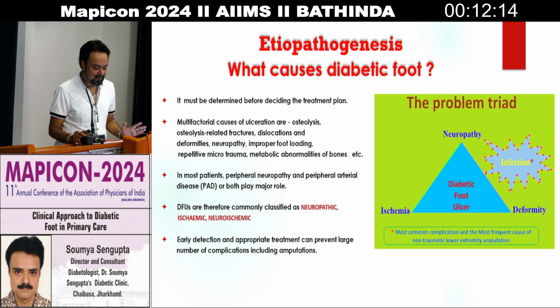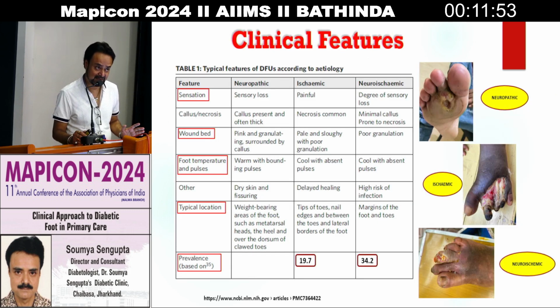In most patients, peripheral neuropathy, peripheral arterial disease, or sometimes both may play a major role. Therefore, it is commonly classified as neuropathic, ischemic, and neuroischemic. So, early detection and appropriate management can prevent these complications. And this is a problem triad: neuropathy, ischemia, deformity, always associated with infection.